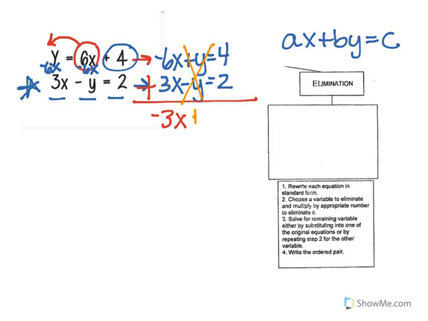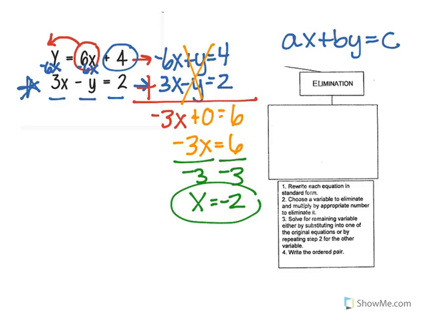That equals 0. And then 4 plus 2 equals 6. So now I'm going to divide negative 3 on both sides. I get negative 2 as x.